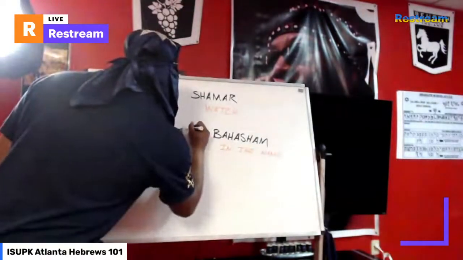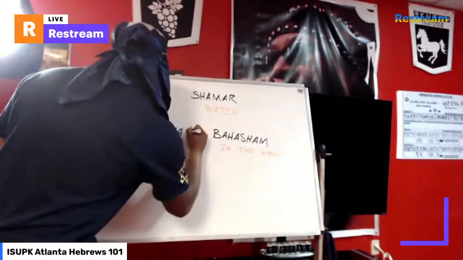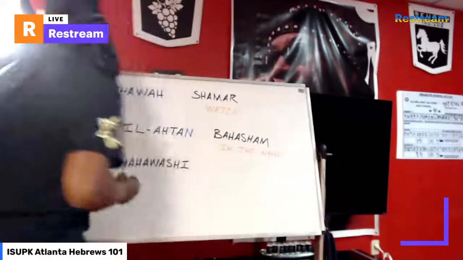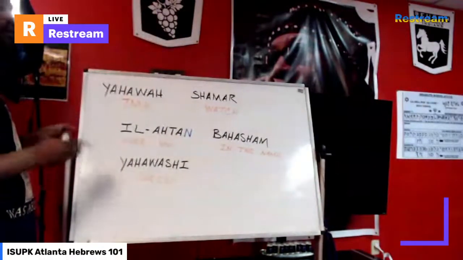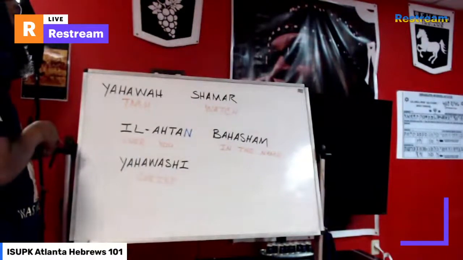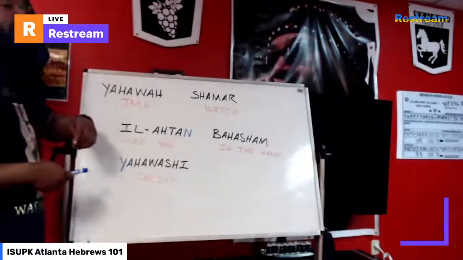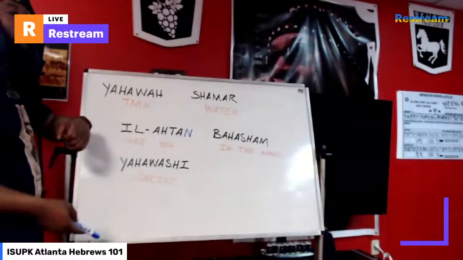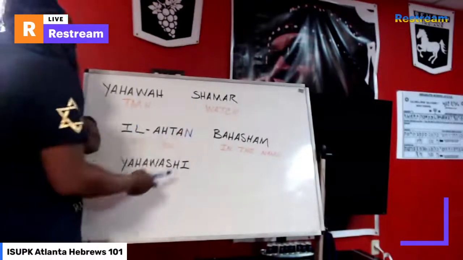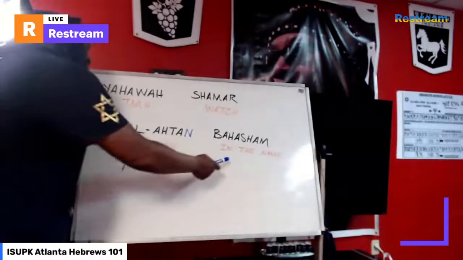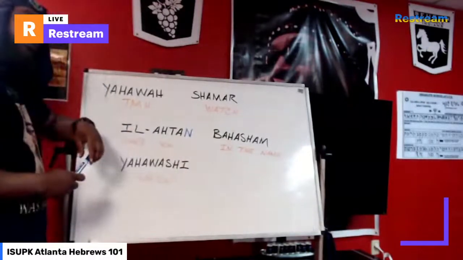So we'll write this out in the blue. Now here, when you are greeting a brother in Hebrew, it's one-on-one. You will say Yahweh, Shamar, Al-Athah, Hashem, Yahweh Shai.